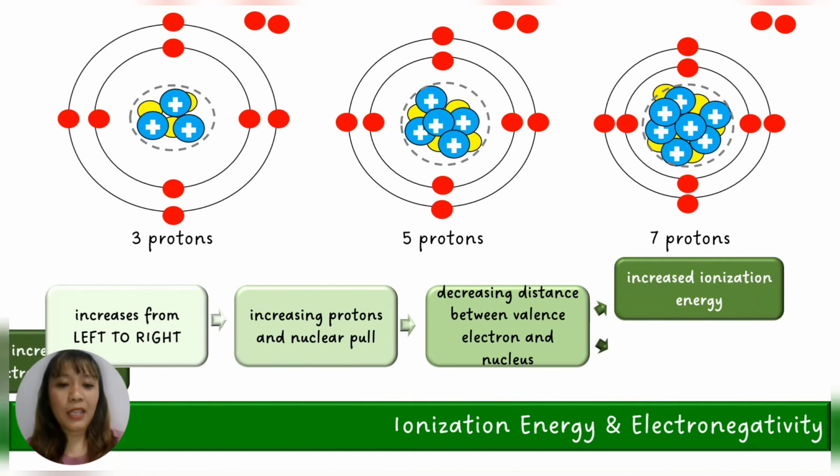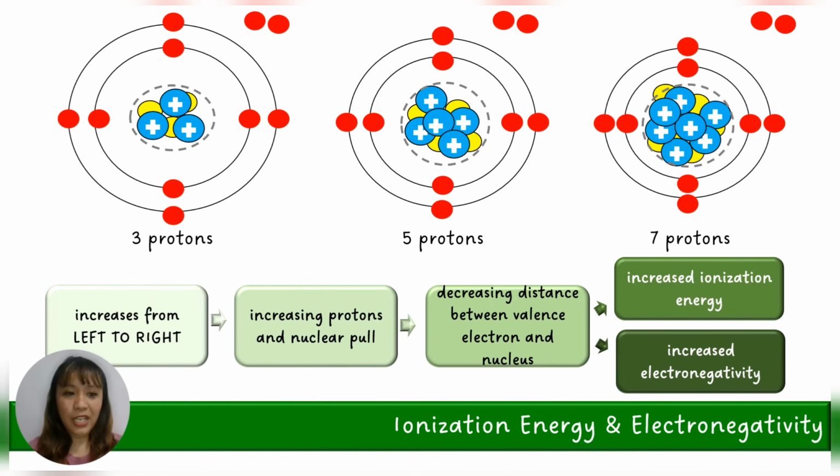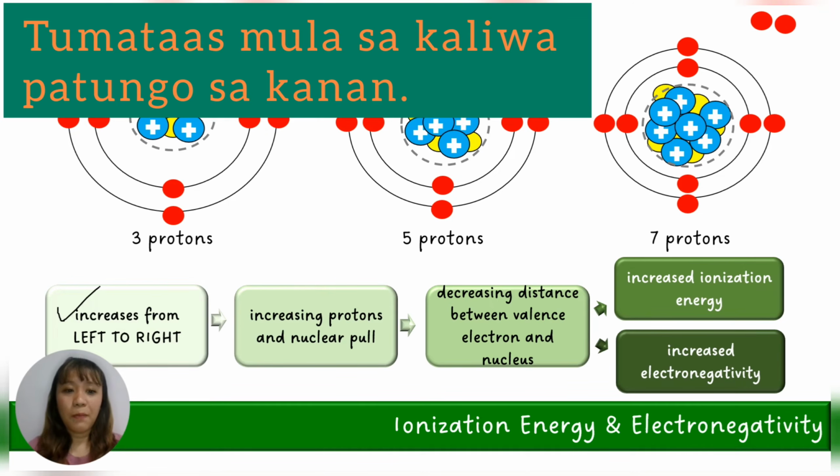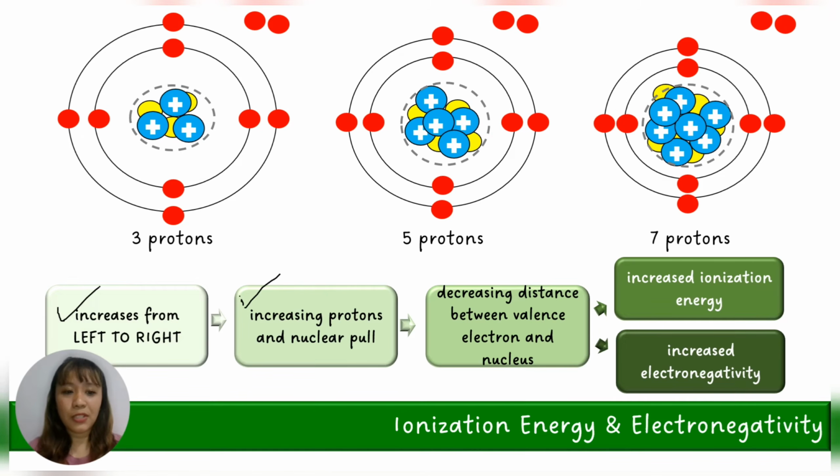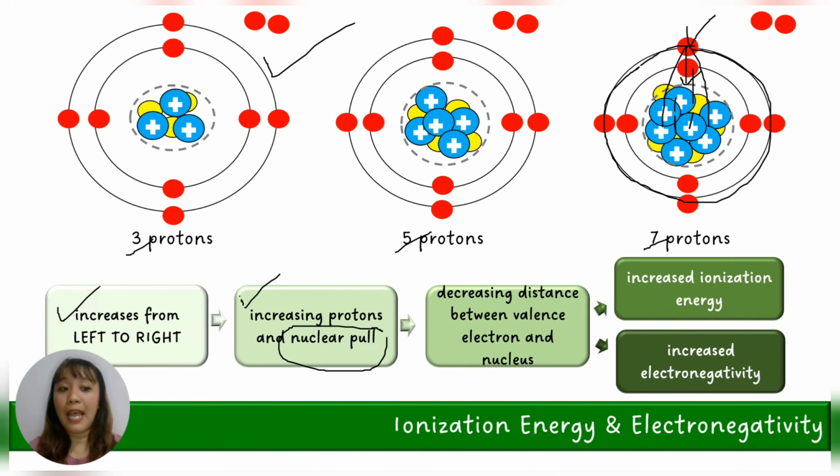Let me explain that ionization energy and electronegativity are increasing from left to right across a period because of the increasing protons making the nuclear pull stronger. For example, there is 7 protons, there is 5, and 3. This valence electron is very near its atomic nucleus because damo-damo nga protons ang gabutong sa iya pasulod, making this element a lot smaller compared to this element.